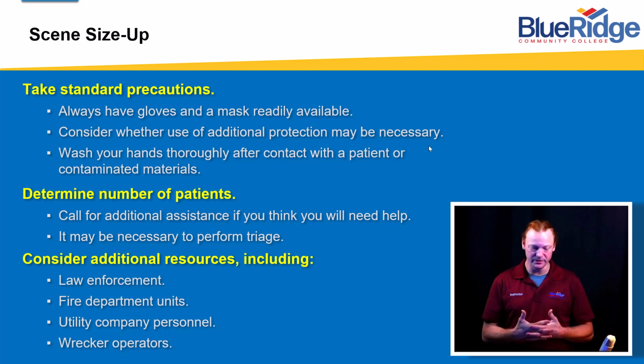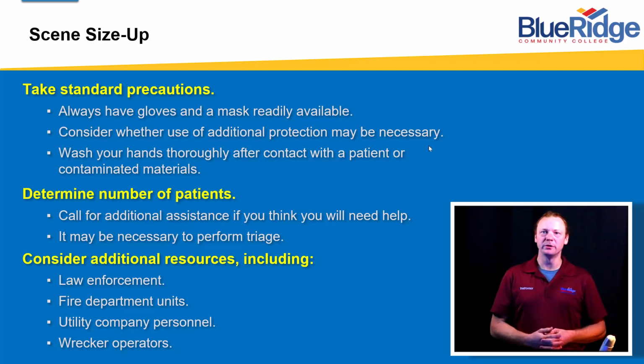If you have additional patients or multiple patients, you can automatically assume, if it's just you responding, whether it be POV or a QRV, something like that, that if you've got more than one patient, you're automatically overwhelmed. So even if it's 2 patients, you probably need someone else to come and help you. You may be able to get by on some minor incidents.